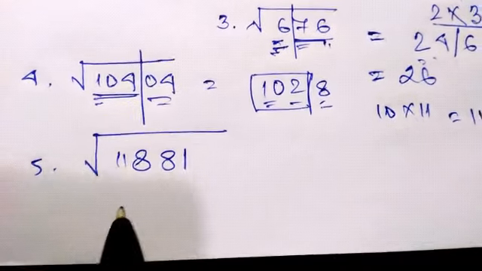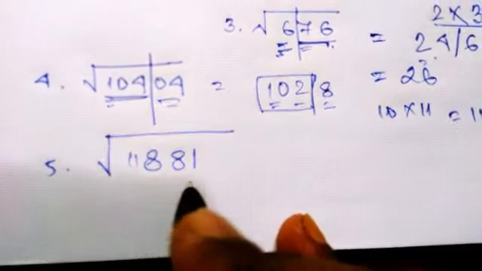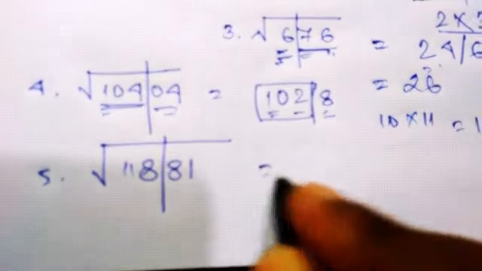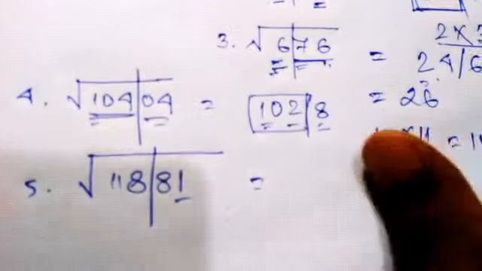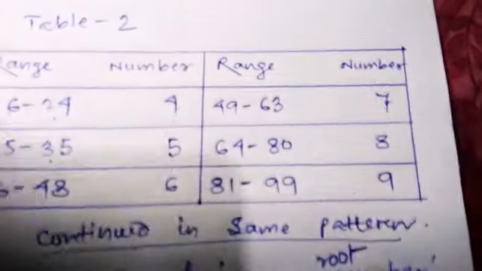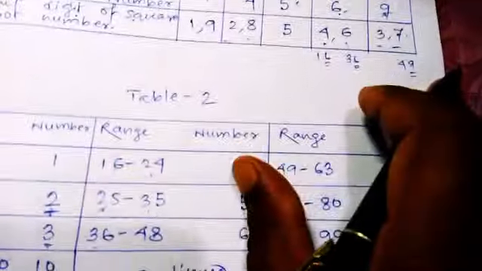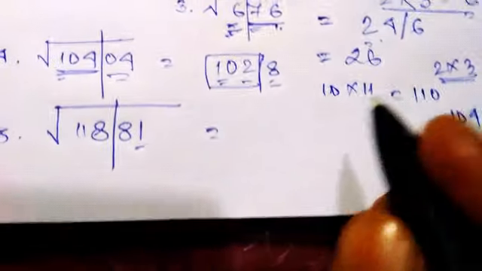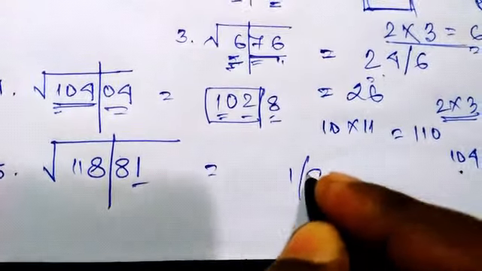In this case it is 11881. So I first divide it in this way, and the unit is 1. From table number 1, if the unit is 1, the unit of the square root should be either 1 or 9.